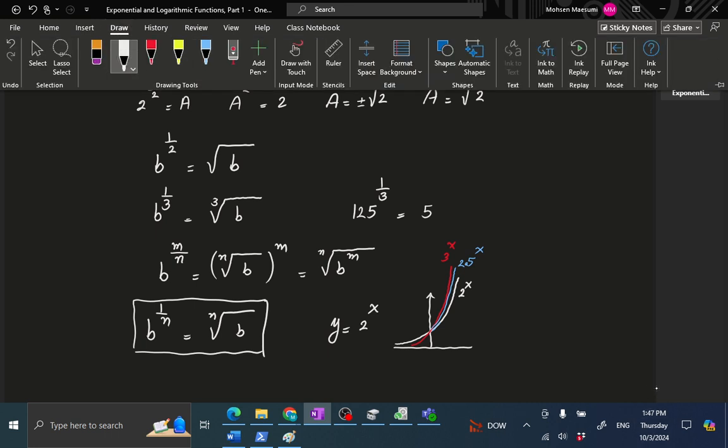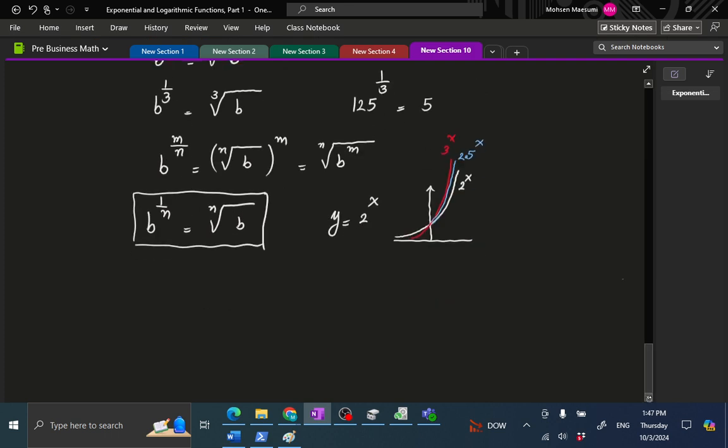So between 2 and 3, one of the numbers that stands out is a number e, whose approximate value is 2.71828, etc. It is a number that is very highly esteemed in mathematics, just like pi is. And its value is known to millions of digits.